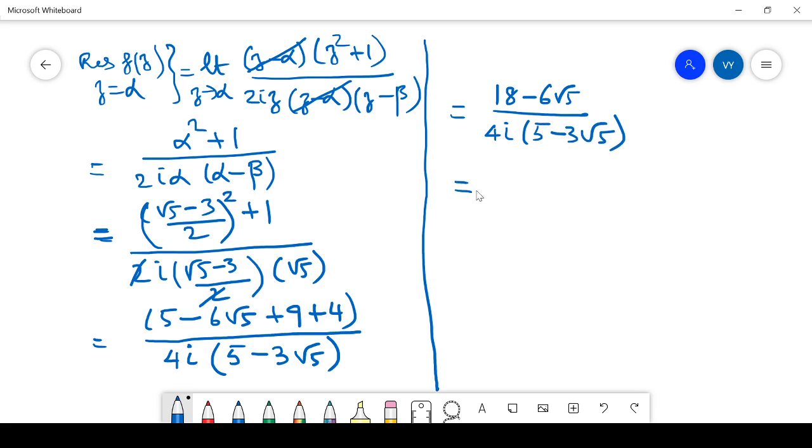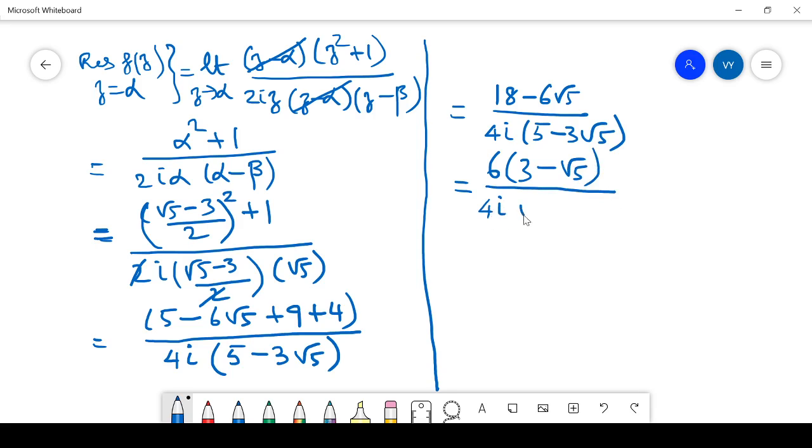Okay. This will be 5 minus 3 root 5. This one is right. So when I remove 6 here, I'll have 6 into 3 minus root 5 divided by 4i. Okay.